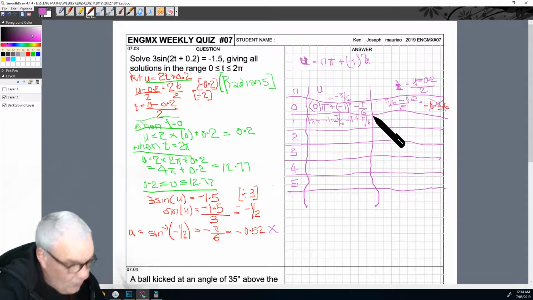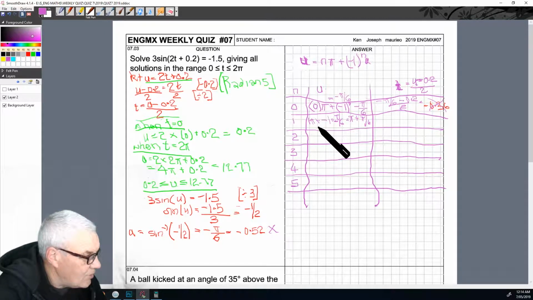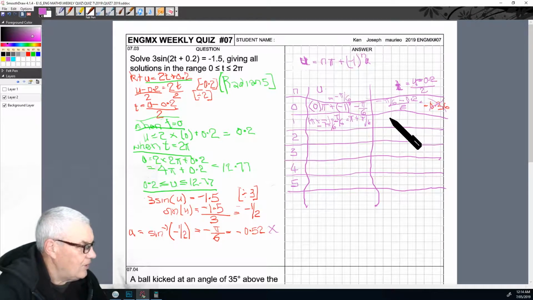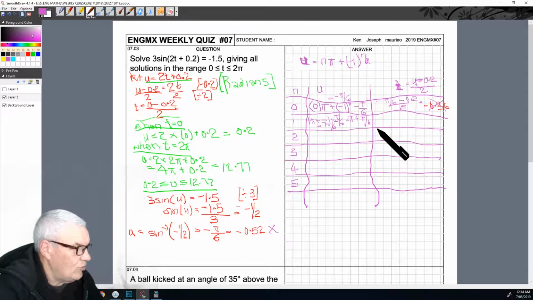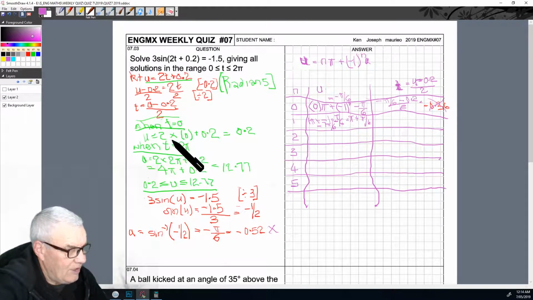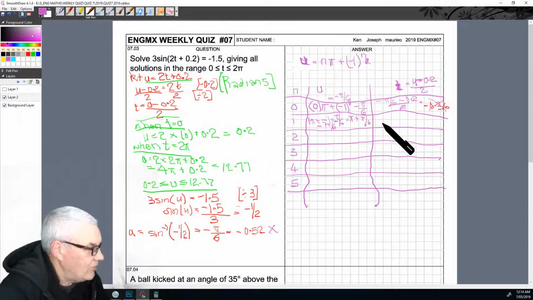And so, well, that equals, if we're dealing in sixths of pi, 7 pi over 6, which is 1 something pi. And we can see here that that's in the right range there, 7 pi by 6, right.